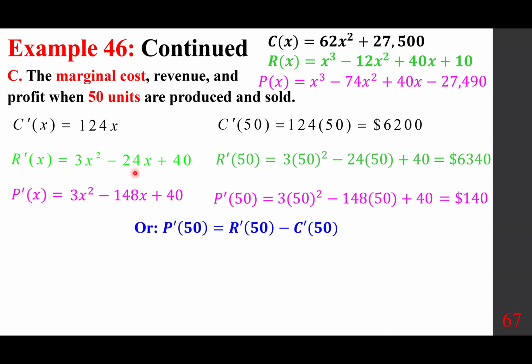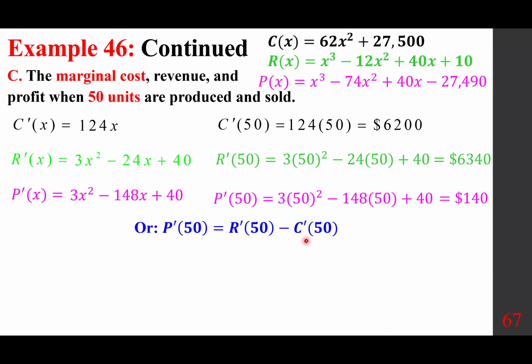Notice 3x squared minus 24x minus 124 is minus 148. So this can be done using the previous two steps, C prime and R prime, but I wanted to do it individually as well. So again, perhaps it's easier just to say P prime of x is R prime of x minus C prime of x. P prime of 50, therefore, is R prime of 50 minus C prime of 50. Okay.